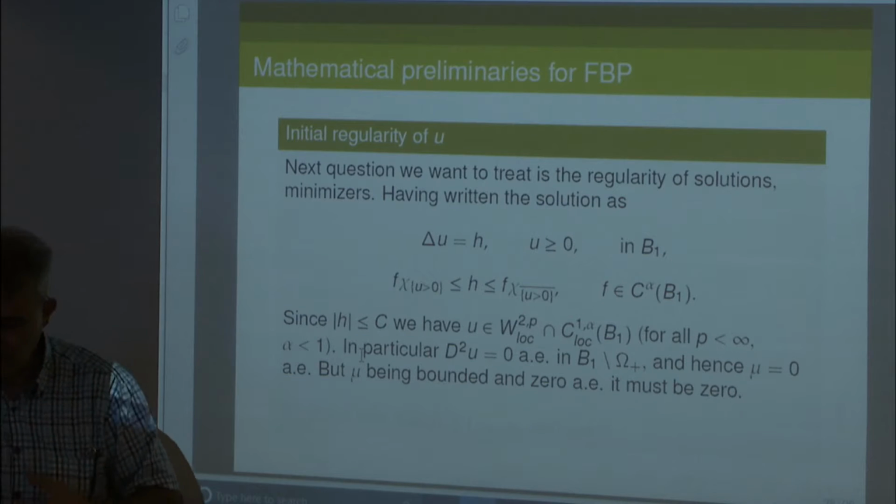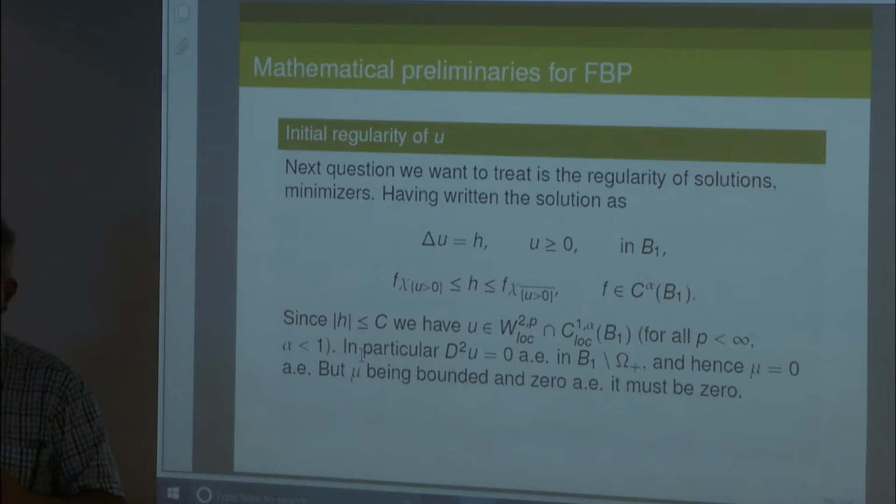So it looks like the function x plus to the power 1 plus alpha or something like that. And if you take the Laplacian of that, you're not going to get a Dirac mass. With x plus you get a Dirac mass, but with x plus to a power larger than 1, you don't get a Dirac mass. So again, one exercise for you.